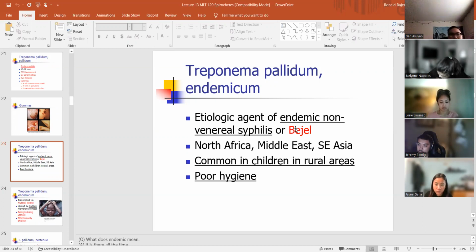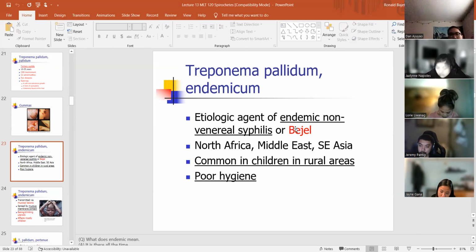Treponema endemicum causes bejel. Okay, when I ask for what the etiological agent is, I'm asking for an organism. So if I ask for what is the etiological agent that causes erysipelas or pharyngitis, your answer would be group A strep, for example.